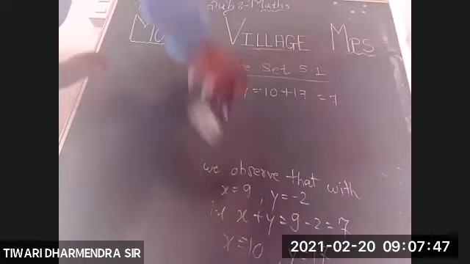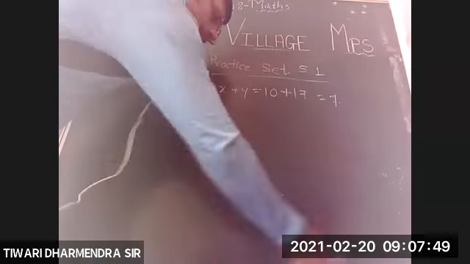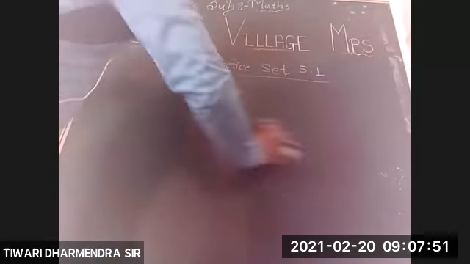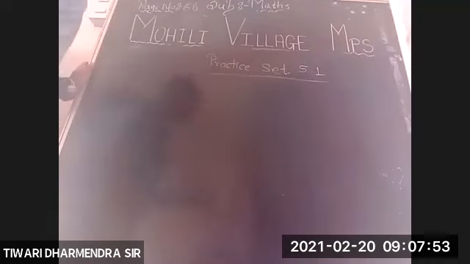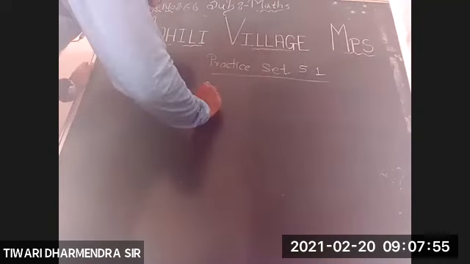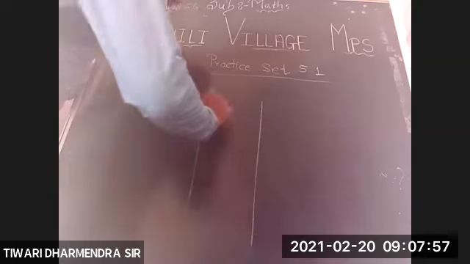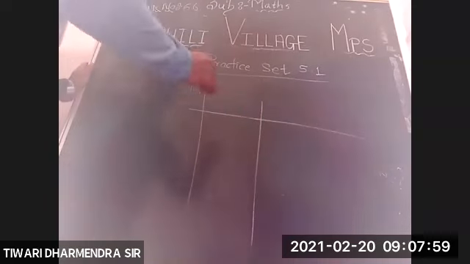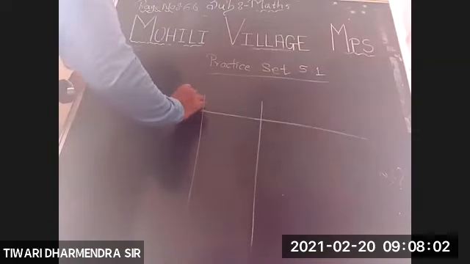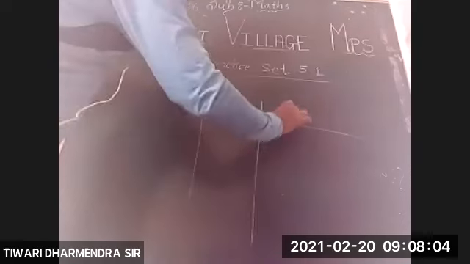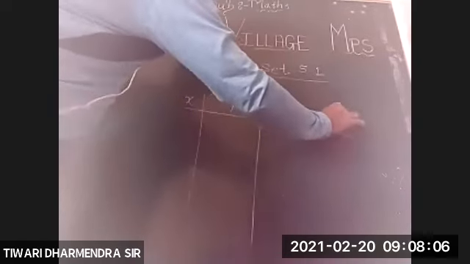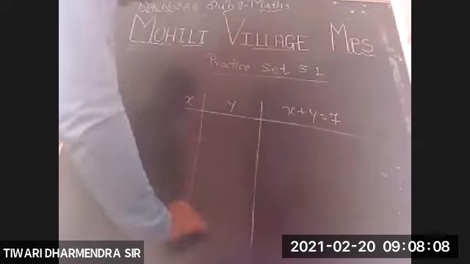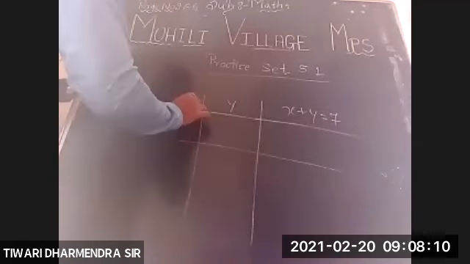Now let's write the solution in table format so that you will get the solution directly. This was for your understanding. Here you can write x, here you can write y, here you can write x plus y equal to 7 directly.